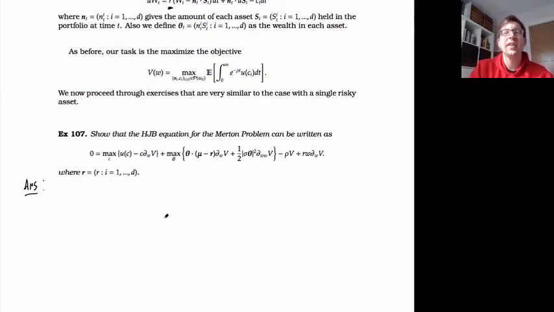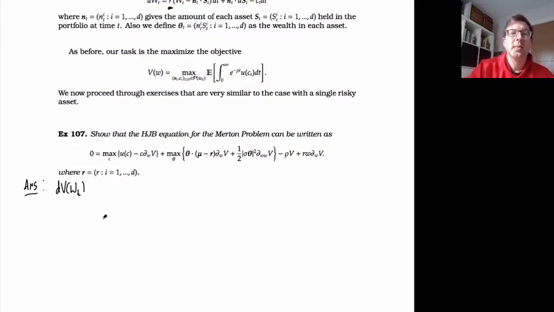We want to essentially use the same form as we discussed before. We want to look at the drift of the diffusion given by V(W(t)).